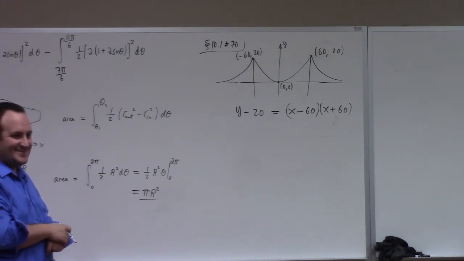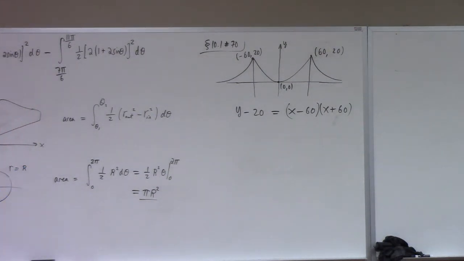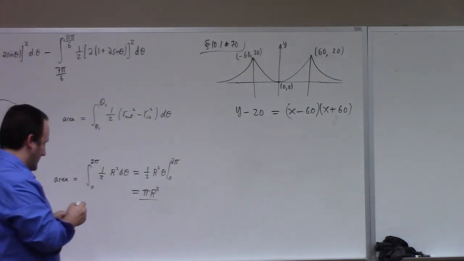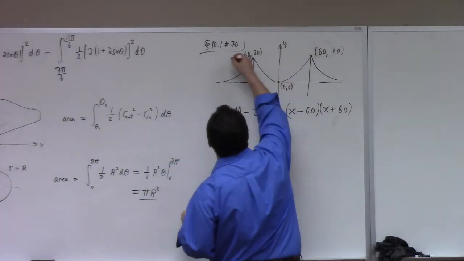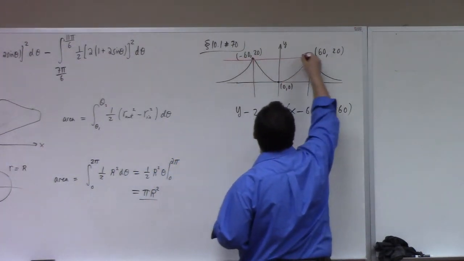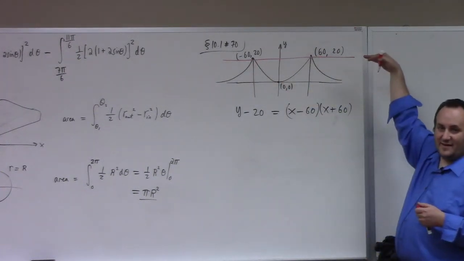You can think about the problem as it's given, but isn't it a lot easier to think about a parabola which has its x-intercepts here?